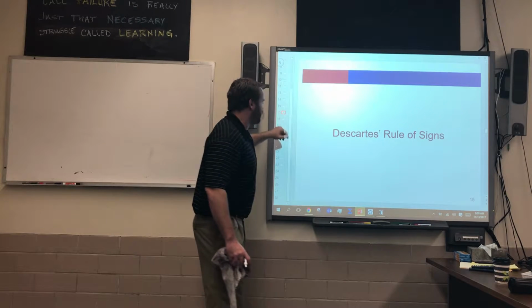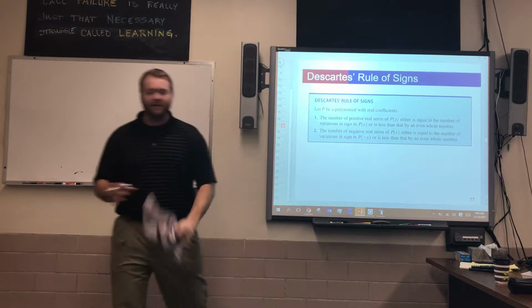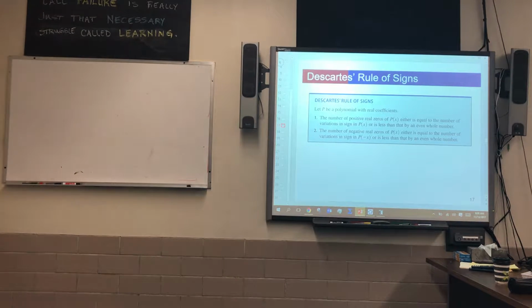So what we'll do here: Rene Descartes' rule of signs says that if we see in P of x this many changes or variations in sign, that tells you how many positive real zeros you're going to have, or that number minus a whole even number.